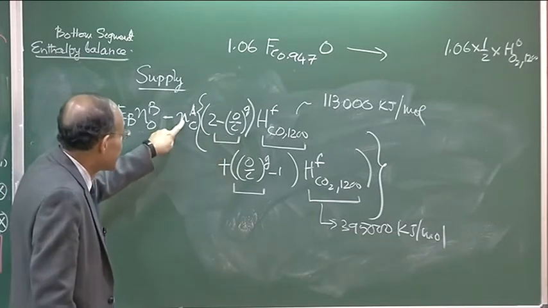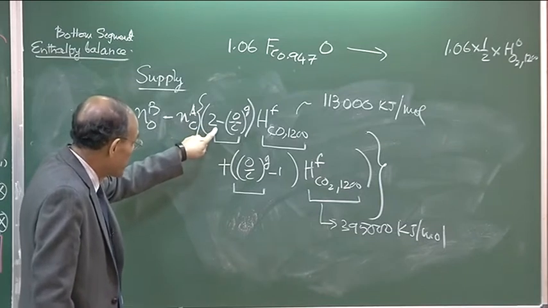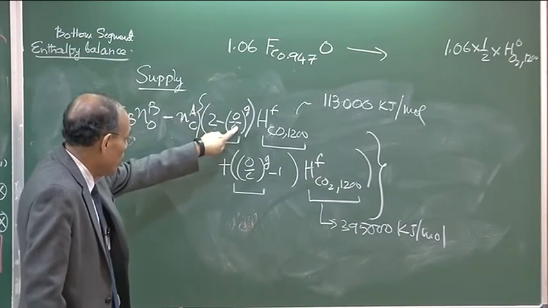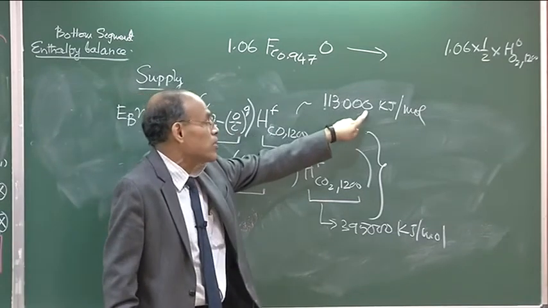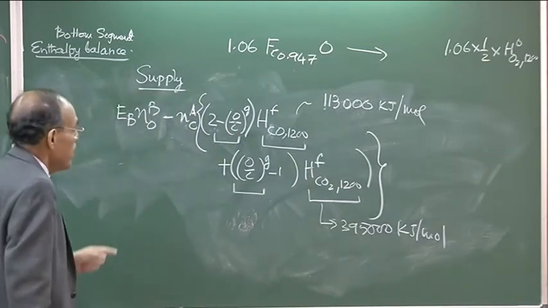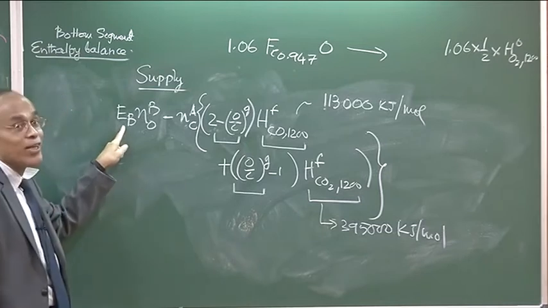So, it becomes NaC into 0.7 multiplied by 113,000 kilojoules, okay, and this enthalpy has to be also calculated in kilojoules.